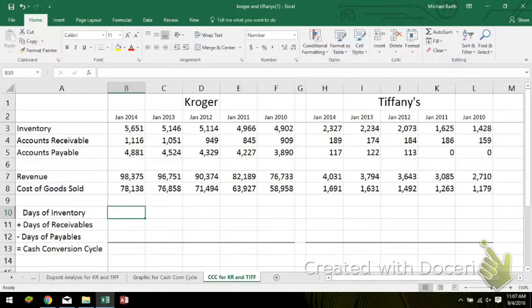If I calculate days of inventory, that would be inventory divided by 1 day's cost of goods sold. So inventory sits on the shelf roughly 26 days in the period ending January 2014.